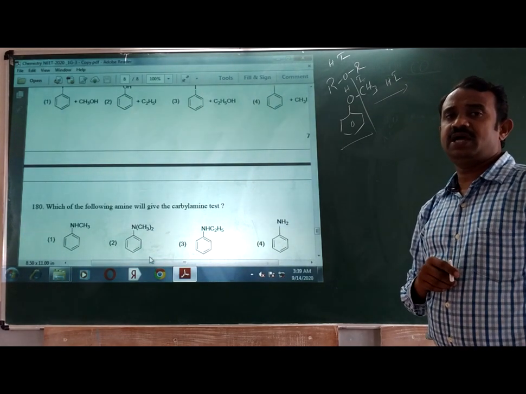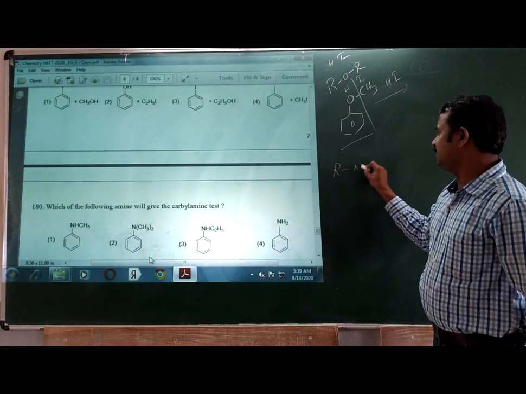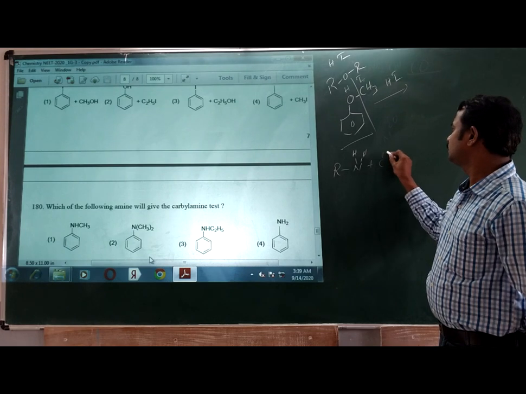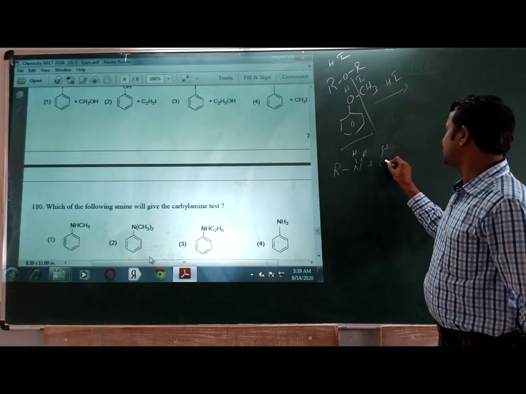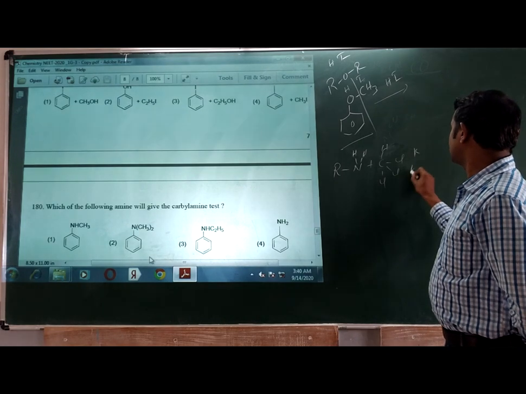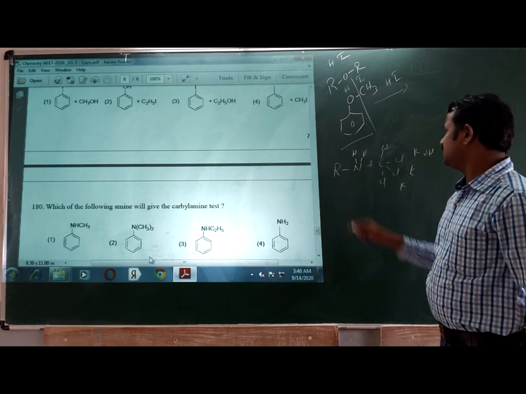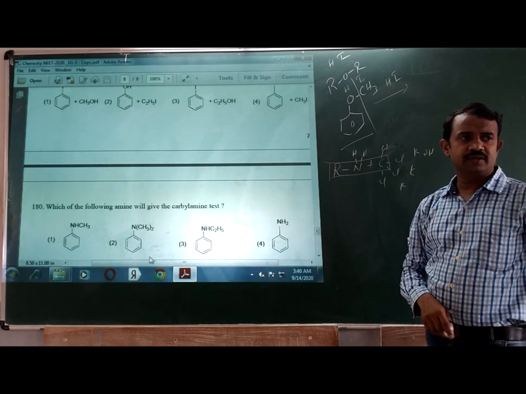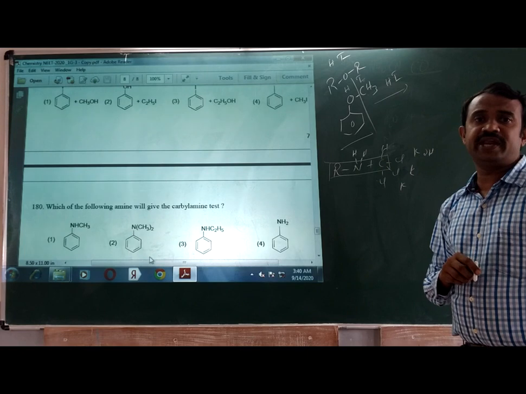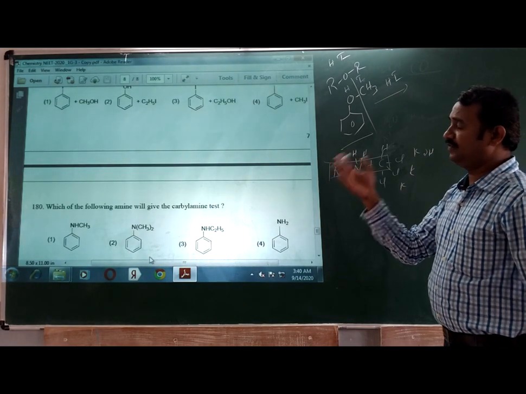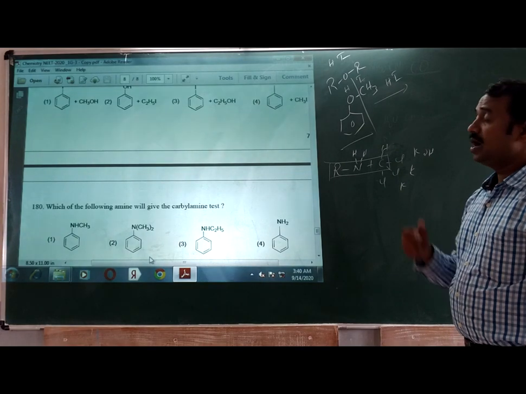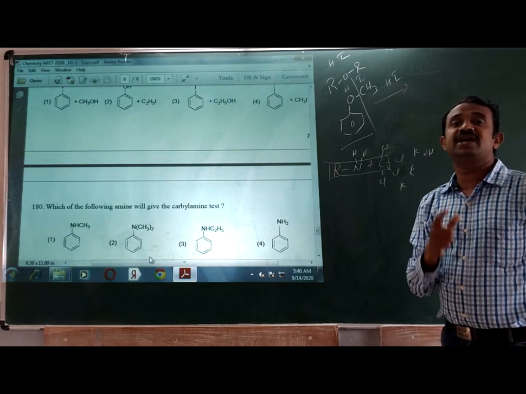What is the carbylamine test? An aliphatic or aromatic primary amine reacts with chloroform, CHCl3, in the presence of alcoholic potassium hydroxide, and you will get the product RNC, alkyl isocyanide, which has a foul or very bad smell.